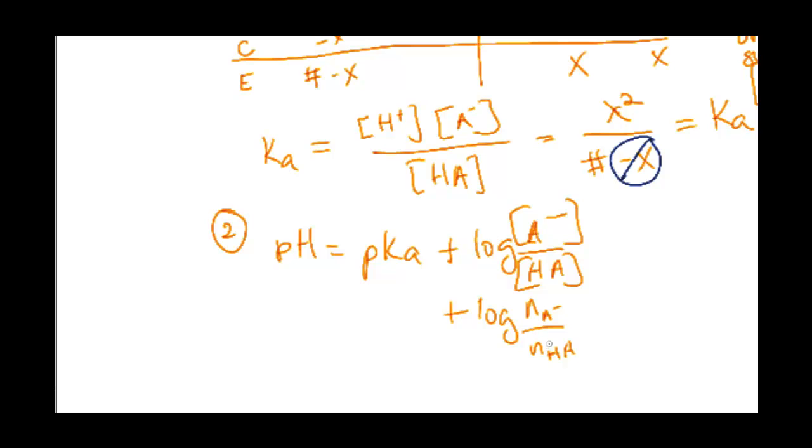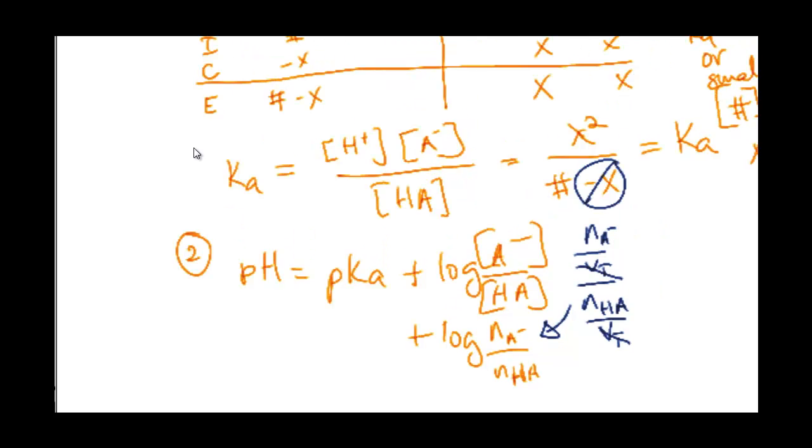It doesn't have to be volumes, because the volumes would cancel out. If you remember, molarity is n of A minus over total volume, and then n of HA over total volume. And when you flip and multiply, these total volumes cancel, leaving you that.